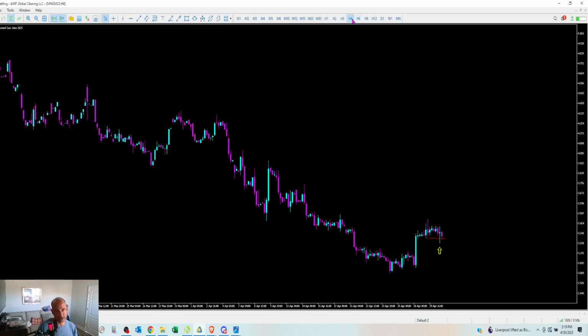This is the 4-hour chart of June natural gas, and I'm looking at current price action. You can see late last week we came down and put this low in, then we tried to come down again and put in a higher low, came back up, tried to come down again, put in an even higher low, and then this big bullish candle up.